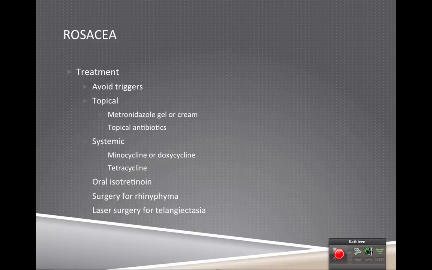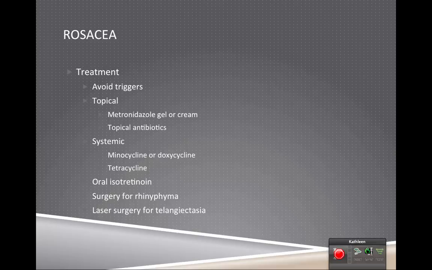If they don't work, you can use systemic antibiotics, which is minocycline or doxycycline. Again, you have to do a lot of teaching to make sure patients stay out of the sun, because if they're in the sun while on this, they can have major reactions that cause second-degree burns.